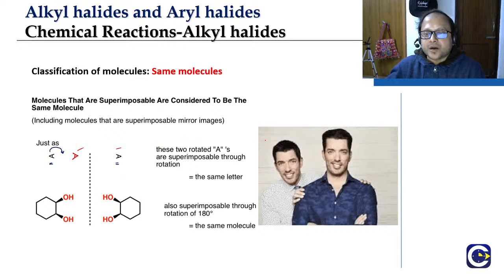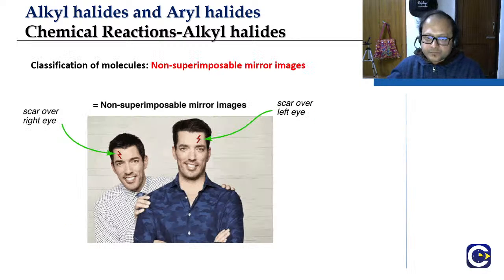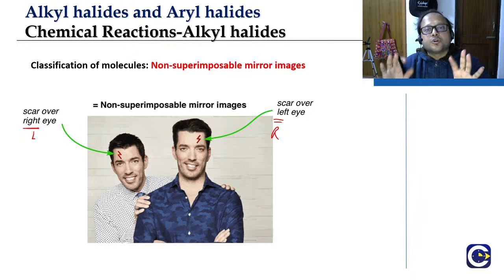Now let's think about these two identical twins. Let's talk about these two identical twins. See, if one has a scar over here on the right eye, the mirror image is going to have it like this, right? So right now they are also non-superimposable.